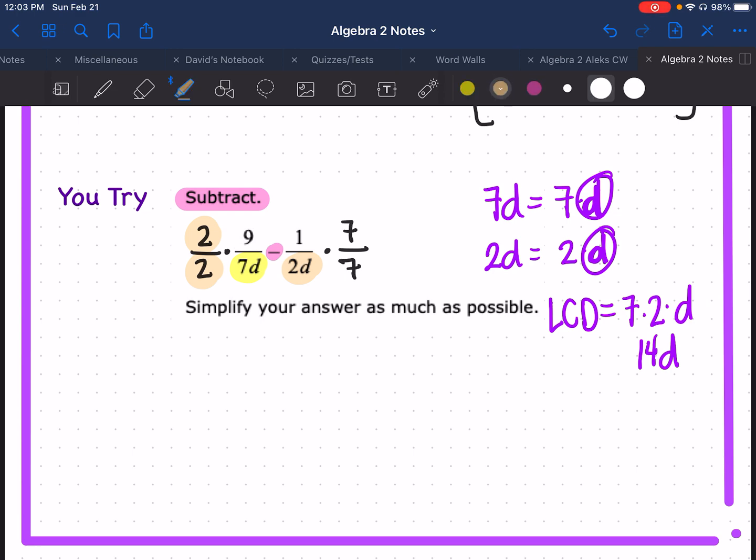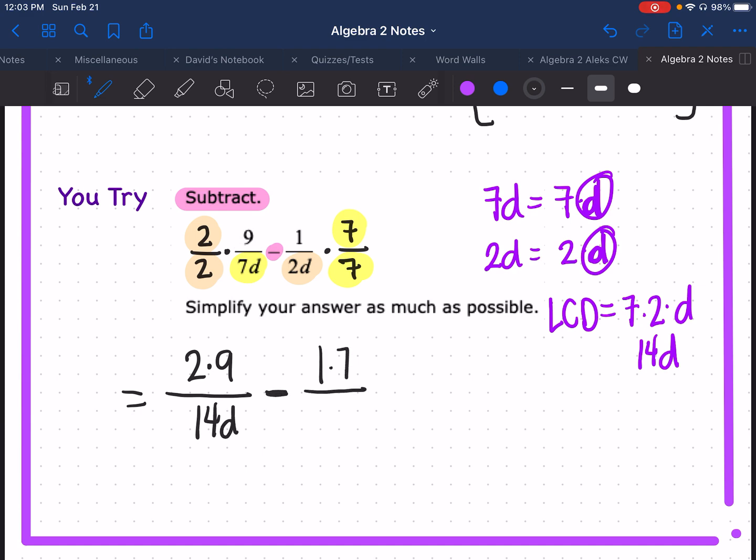And once again, the 7 is coming from the yellow factor. All right, so in the first one, I have 2 times 9, and I have my 14D minus 1 times 7, and my 14D.